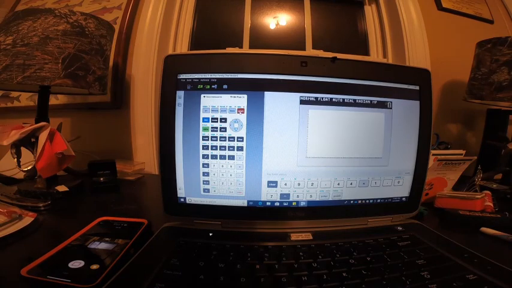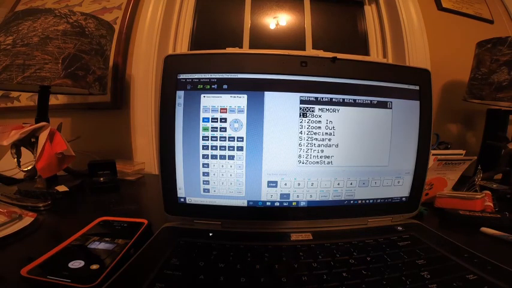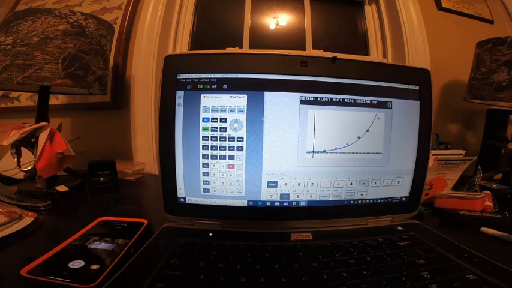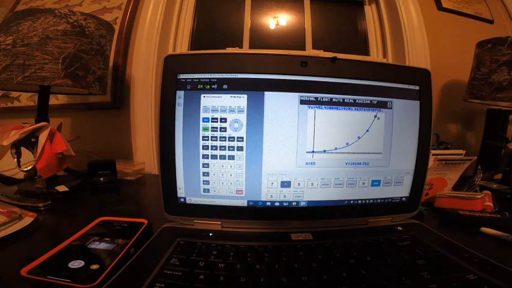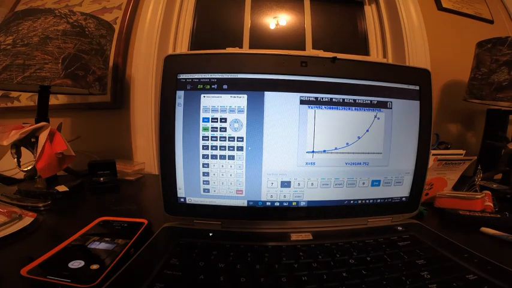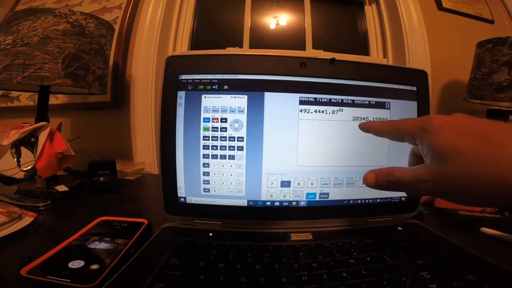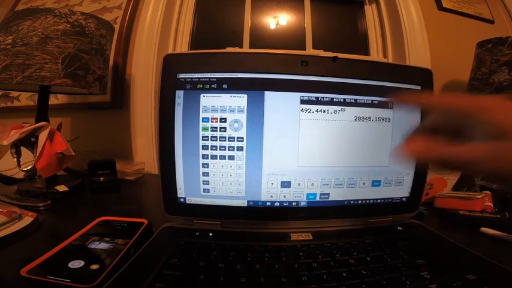That's why if you want to find it exact, a lot of times you need to go zoom stat, especially if you have it saved correctly in your Y. You need to come over here, and then you need to do second calc, value, x at 55. That way you get it a little more precise. So you see the answer we have here is 20,100.752, whereas the answer that we had before was quite off because we rounded.